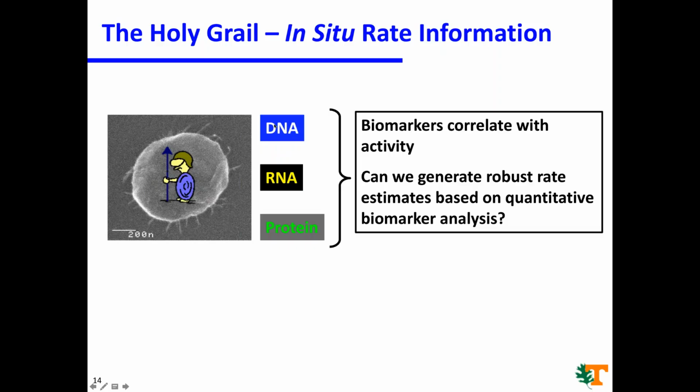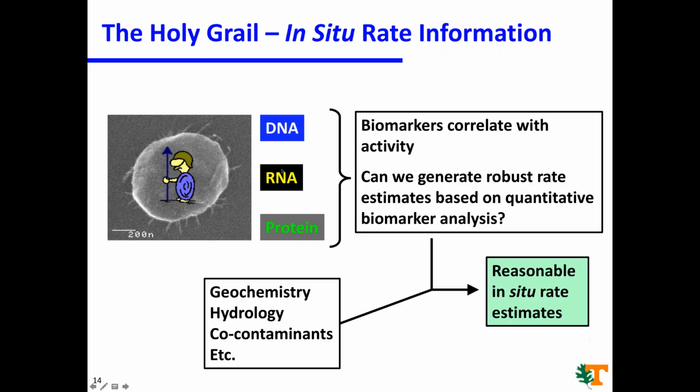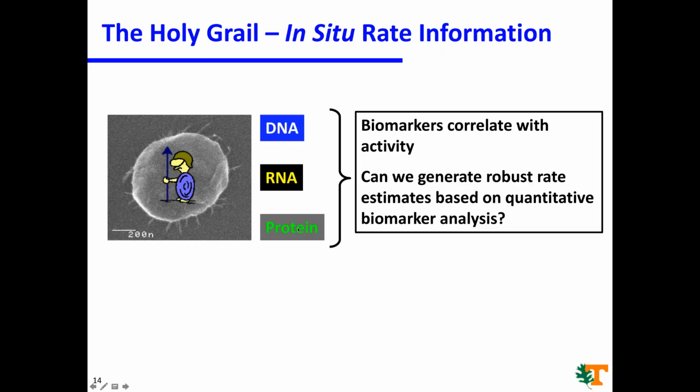And now I hope it's clear that we can quantify DNA, RNA, and protein biomarkers. And in theory, those biomarkers should correlate with the activity of a particular organism. The question then becomes, can we generate robust rate estimates based on quantitative biomarker analysis?